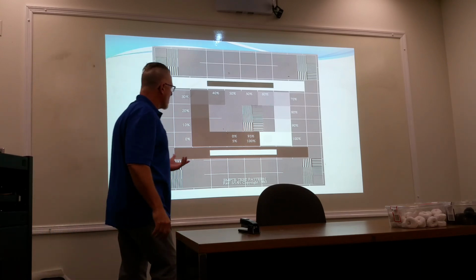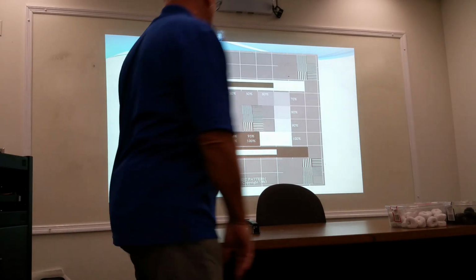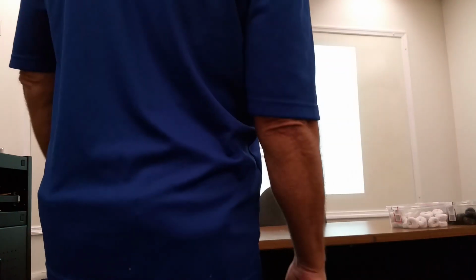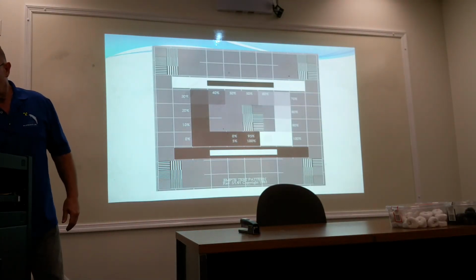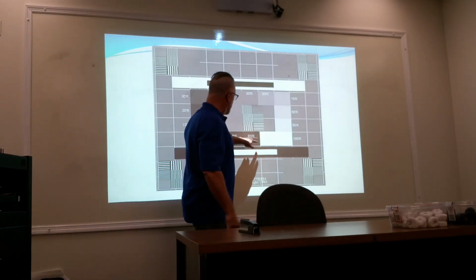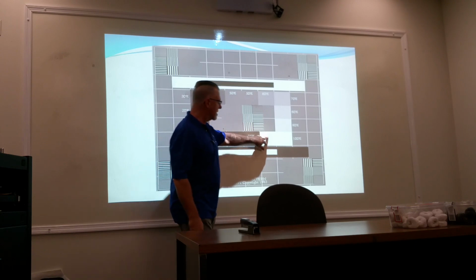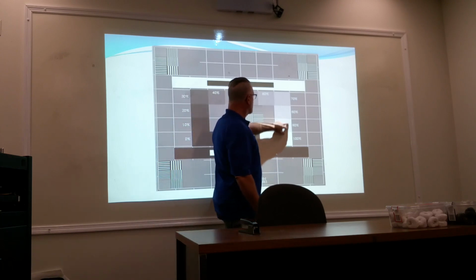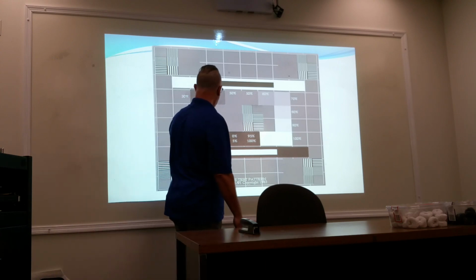So, I don't know what we can see here, hold on. So, yeah, I can barely see it. If you look kind of close, you should be able to see the 95 and 100%. So there's a 5% contrast distance here. Then you go 100% all the way down to 0%.